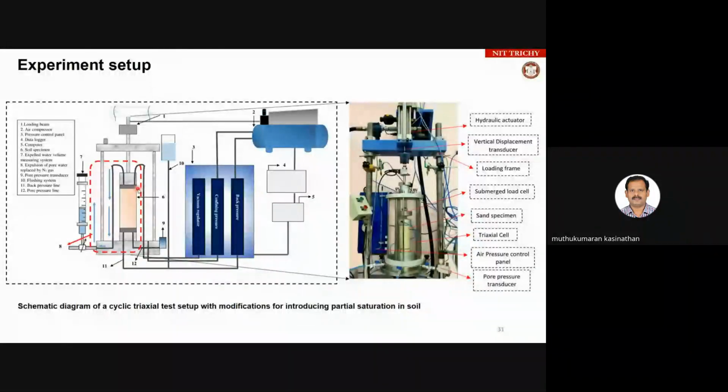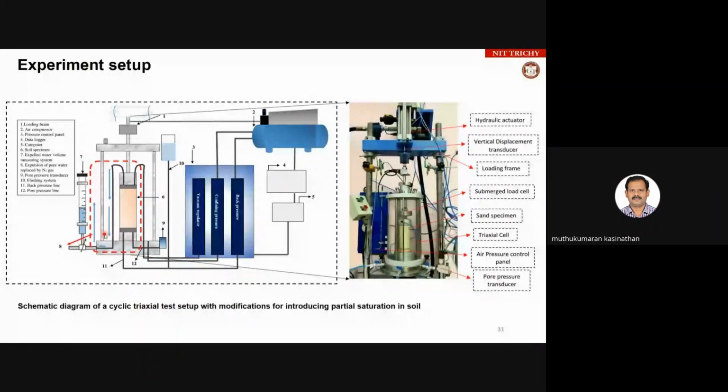In the apparatus where we want to introduce the microbes, we have modified the complete setup to measure how the air behaves and what the displaced water will be.